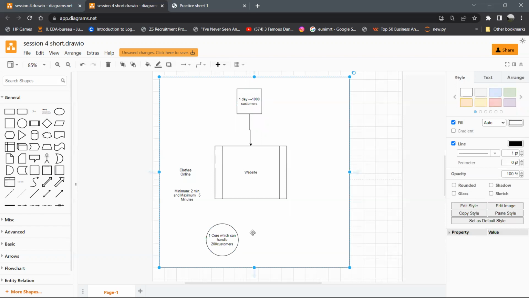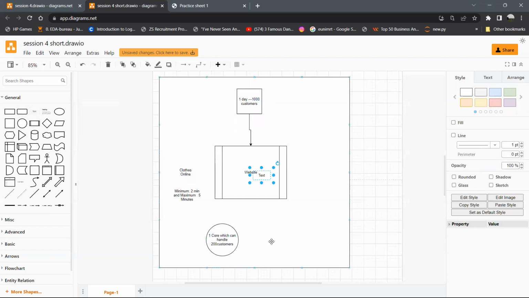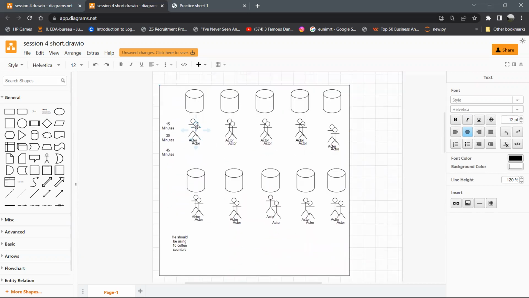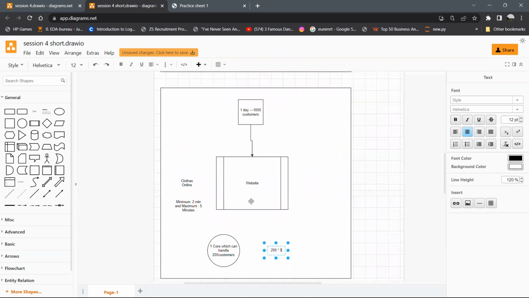Now let's calculate a basic overview, like how much time he's taking as of now and how much he wants to reduce. Okay, so as of now you are having 200 customers, one core, so it will be nothing but 200 times 5. Let's take the worst case scenario, like we always take the worst case scenario. Even in the previous problem we were thinking of the worst case scenario where if people are going into the counter, okay, what is the last person's waiting time.